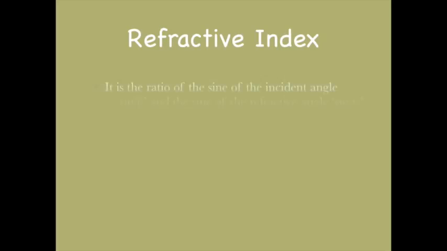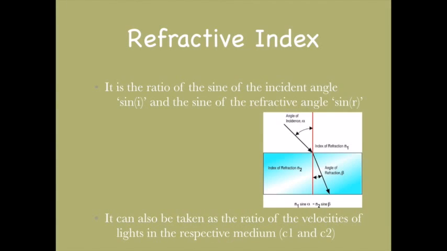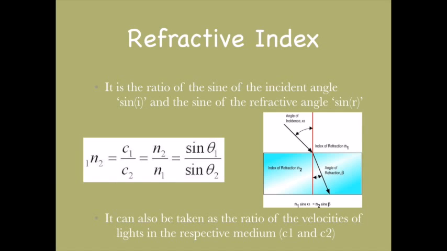So let's start learning about the refractive index. As told earlier, it is the ratio of the sine of the incident angle to the sine of the refracted angle. Given below are the images and this is the formula, where θ1 is i and θ2 is r.